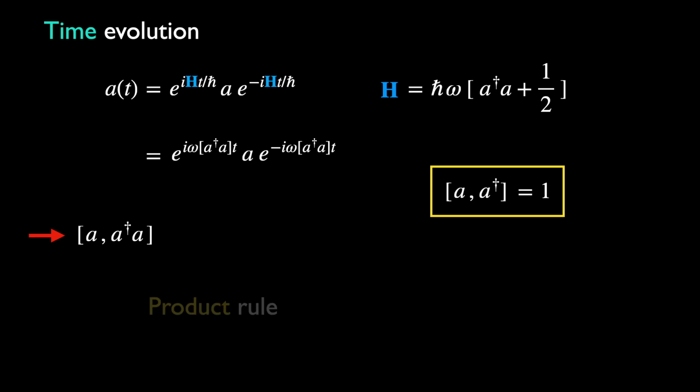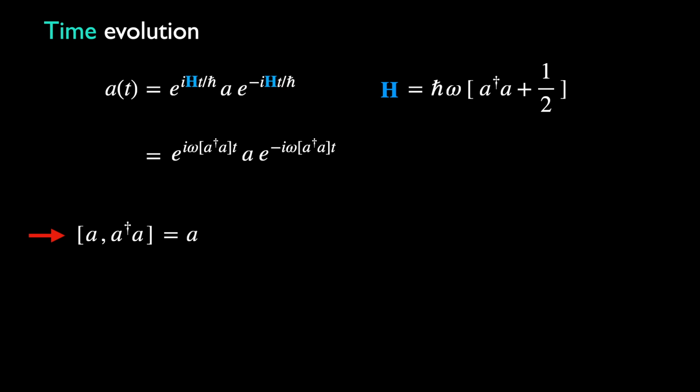Using again the product rule of commutators, we have the last commutator is just 0, since any operator commutes with itself. The remaining one is just given in the yellow box. Thus, the commutator of A with the number operator is just A.